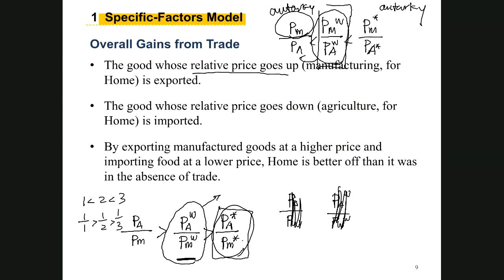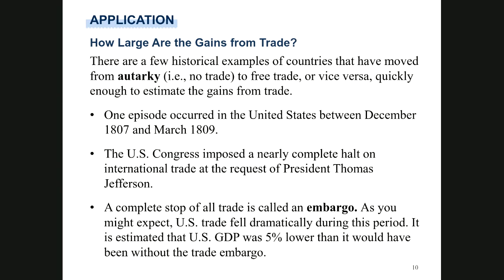Okay, so the book gives you some historical examples of a country moving from autarky to free trade. I just want to point out one example which is in our additional reading.